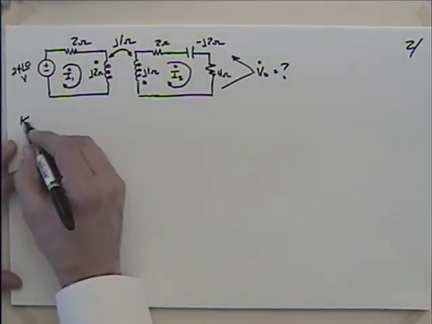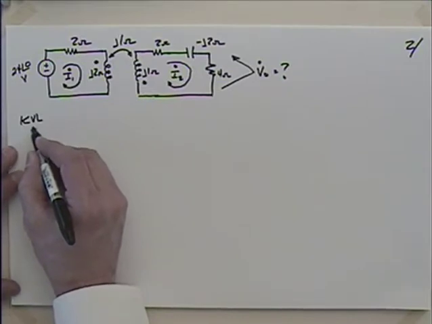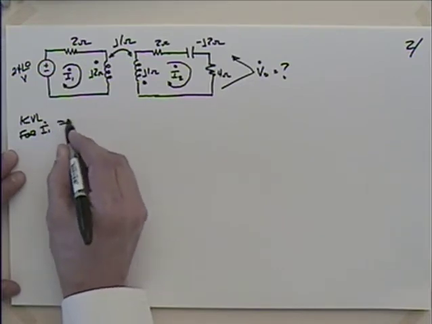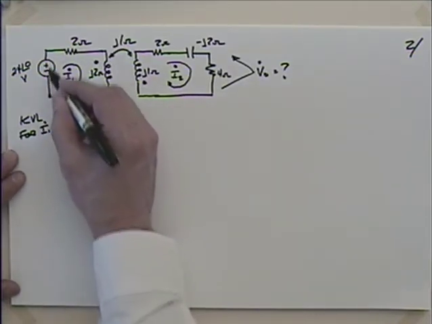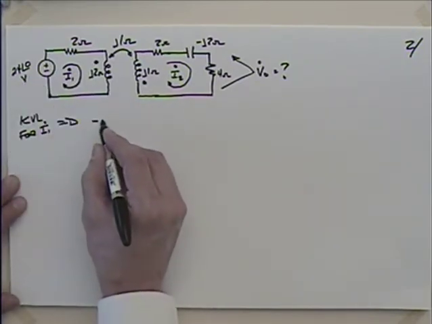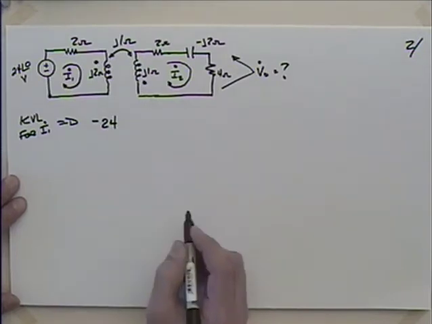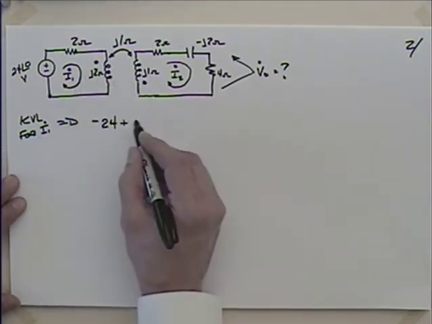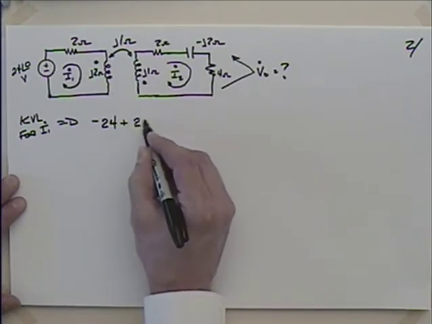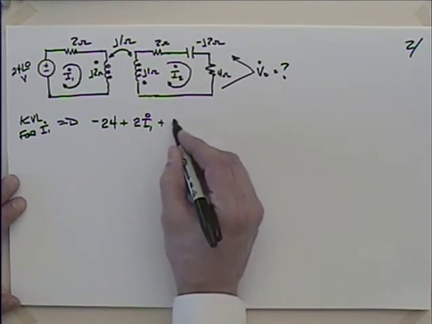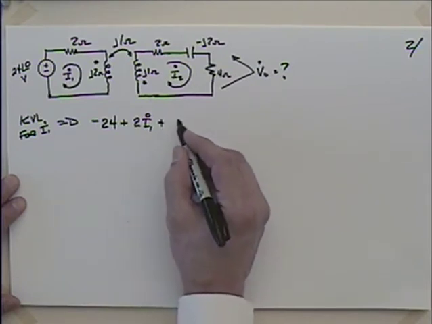So looking at Kirchhoff's voltage law around for I1, we're going around this thing. So we're going to have a gain of 24. So I'm going to say that's minus 24, or 24 at 0. And I'm going to add to that, we're going to take drops as positive, so I'll have a positive 2 times I1. And then I'm going to have another positive j2 times I1.